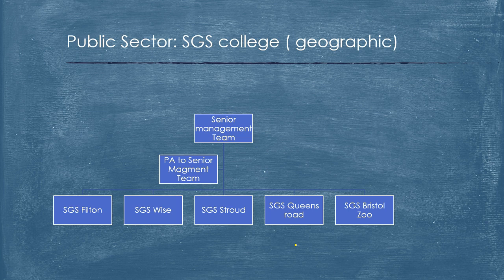So for example, SGS Queen's Road is by an art gallery in the centre of town. SGS Wise is by a set of playing pitches, because it's a sports facility. Each site is aimed at delivering a service which it is specialist in.